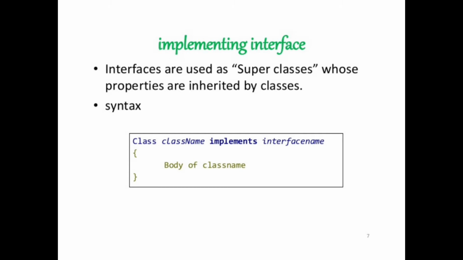Implementing interface. Interfaces are used as superclasses whose properties are inherited by classes, and interface methods can be implemented in a class. So here we use the implements keyword. The syntax is class name, the implements keyword, the interface name, and open and close curly brackets, and inside the brackets write the body of the class.